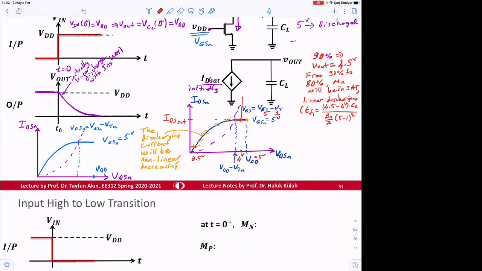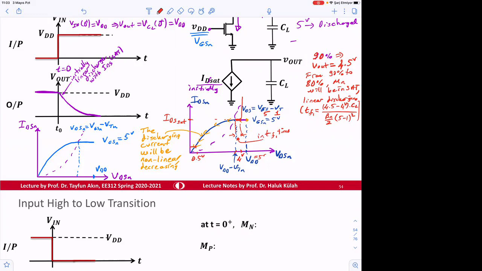That's how we find the timing from here to here. So this voltage decrease happens in TF1 time.